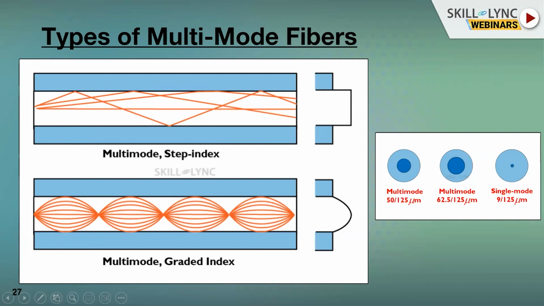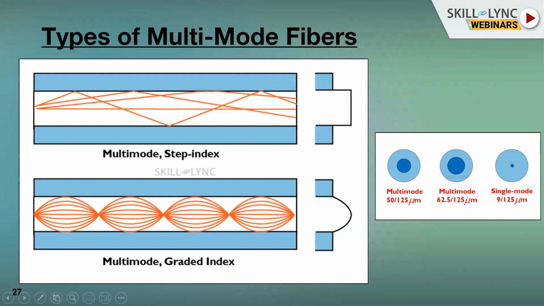That's the reason you have something called graded index. In graded index, you have variations in the composition of the glass. So the data can travel at the speed of 4 gigahertz per kilometer.